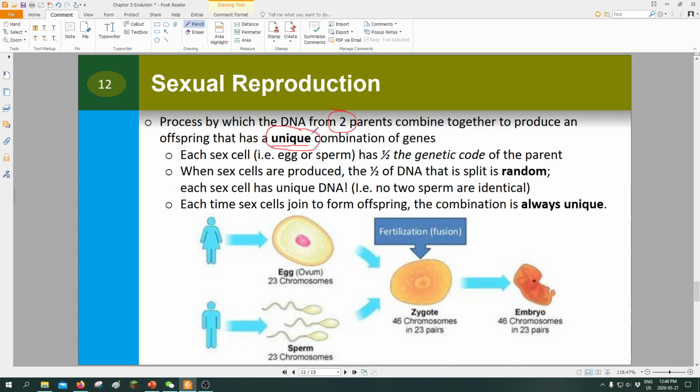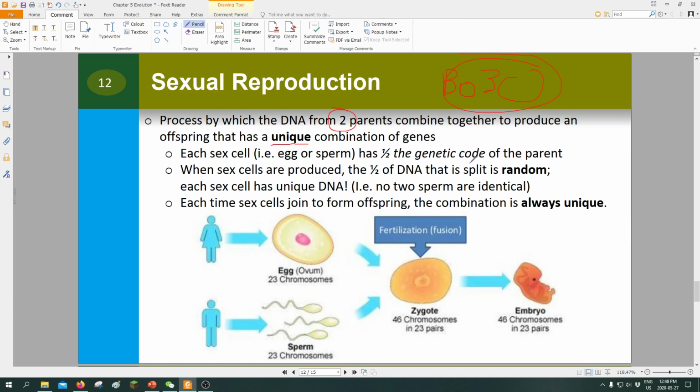Okay, so let's break it down. And again, you're going to learn more about this in Bio 30, but we're just setting up the groundwork for you right now, okay? Our body cells have 2 different types of cells, okay?